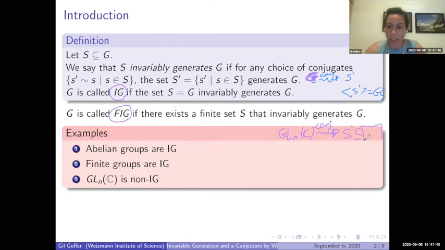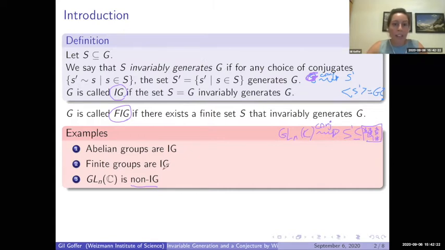You may guess that this is the upper triangular matrices. So I can replace each element in the set S, which is all of the group, by its Jordan form. Then it's upper triangular. And obviously, if all of S prime is contained in a proper subgroup, then I cannot expect that S prime will generate G. So since S prime is contained in a proper subgroup, this group is non-IG.